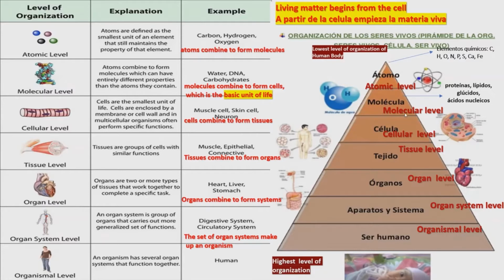Later, the molecular level, followed by the cellular level, the tissue level, organ level, organ system level, and finally the organismal level, the human being. The highest level of organization is the human being, the organism, and the lowest level of organization is the atomic level.